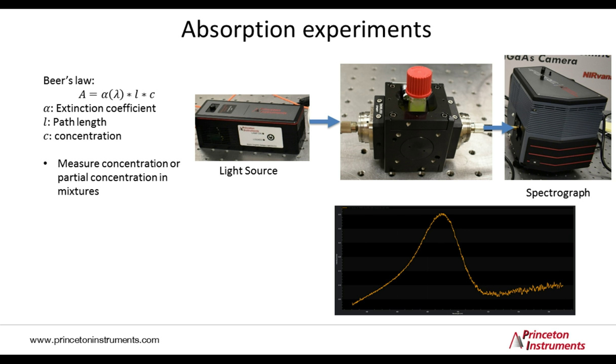So let me discuss a few very simple examples of spectroscopies. The first one is absorbance, which is one of the most basic techniques. An absorbance experiment is very easily set up. You use a light source. In this case shown here, the light of the source is brought with a fiber to a sample cell with a solvent.